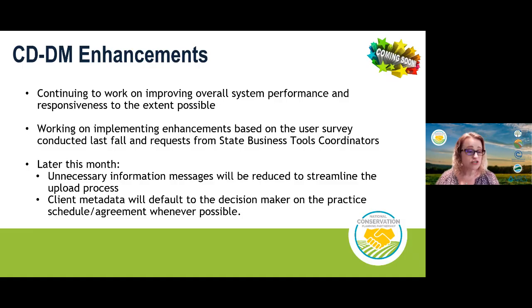Okay, so later this month, we are going to start paring back some of the unnecessary information messages that basically just tell you what's going on but don't give you any options to do anything. The ones that pop up and you have to click on. Hopefully that will help eliminate a few clicks.